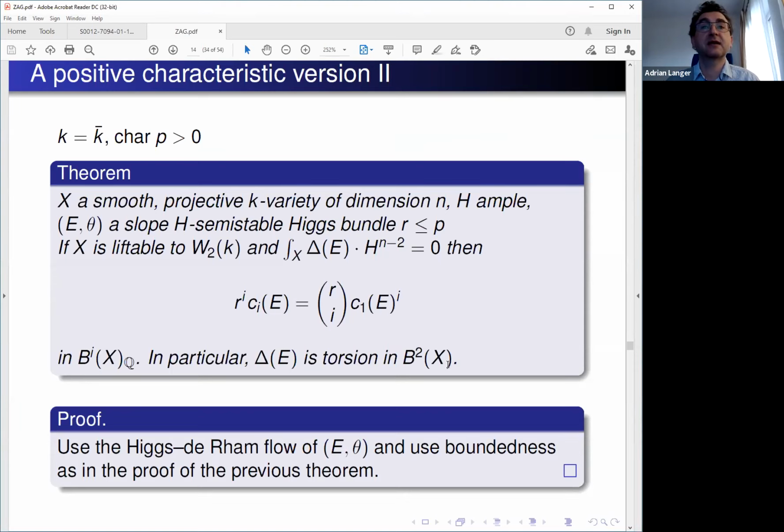So this is some gadget that was introduced by Lan, Sheng and Zuo, and I also proved. So they really introduced this stuff, but then they had a conjecture that this should exist for all semi-stable things, and then we proved this independently using somewhat different methods. And then when you use this and use boundedness of semi-stable vector bundles with fixed first and second Chern class, then the proof is essentially the same.